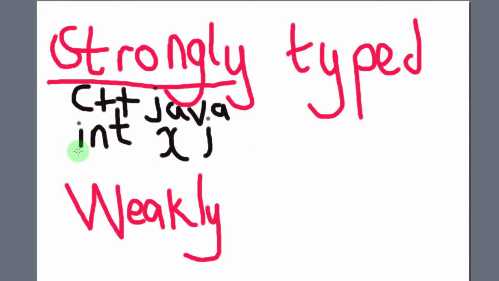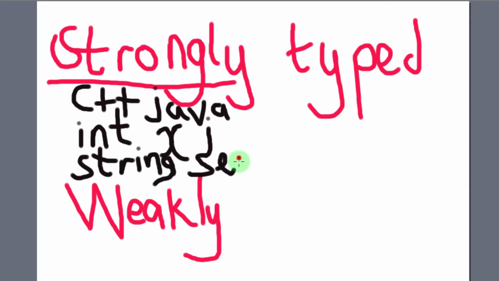If I'm to declare a variable that is going to contain some kind of a sentence, I will give it string sentence. So a string can be used to represent a sentence or a group of characters.